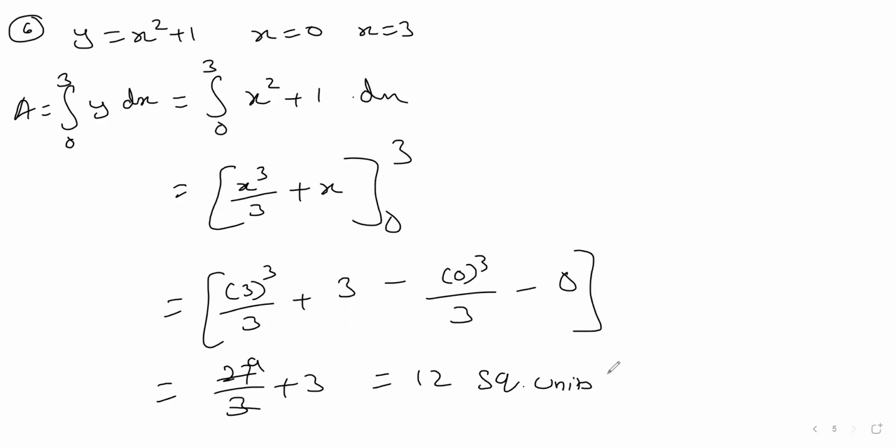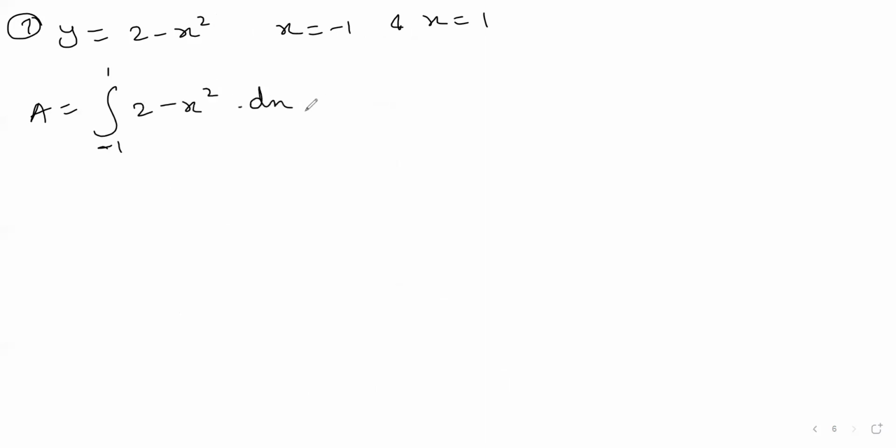Then the last sum is area bounded by y is equals to 2 minus x square, x is equals to minus 1 and x is equals to 1. So area will be integration running from minus 1 to 1, 2 minus x square dx. Now again we will find out the integration.